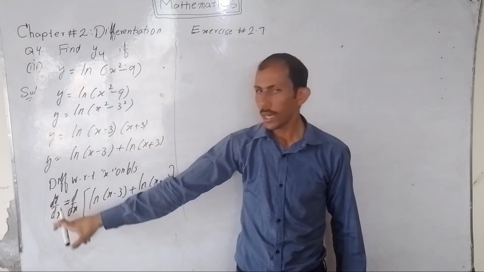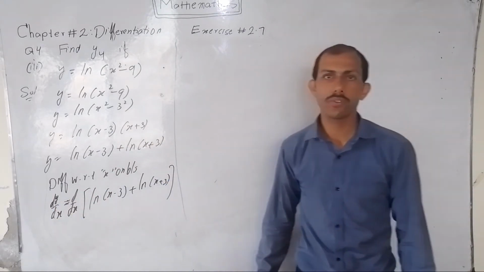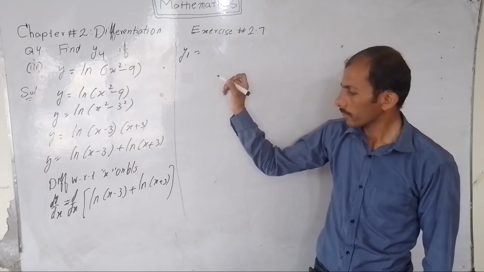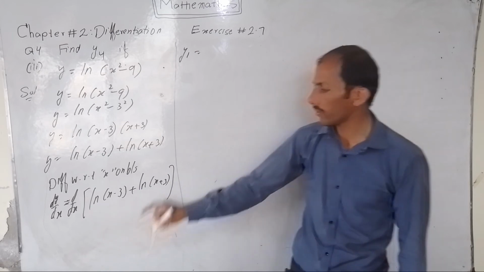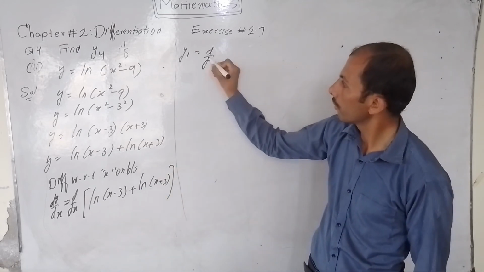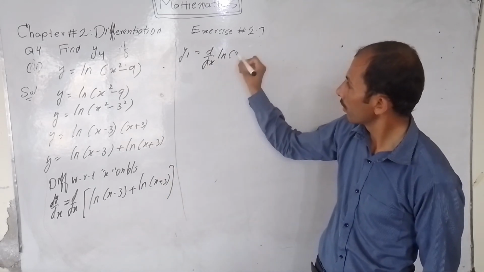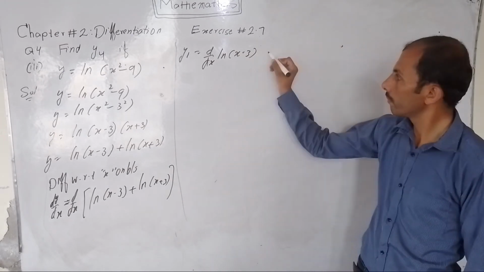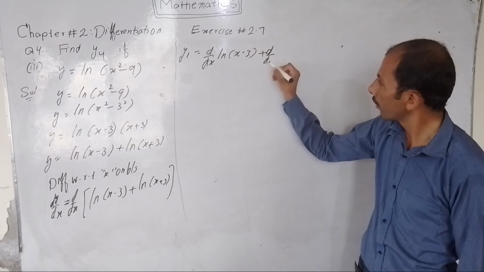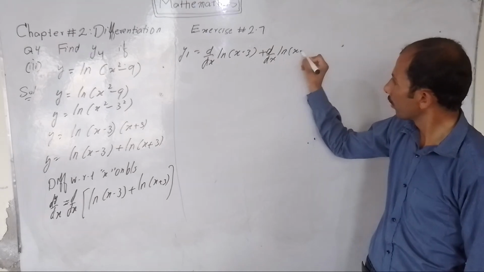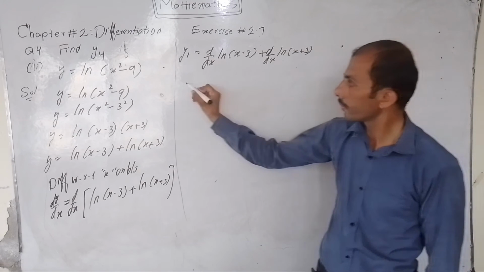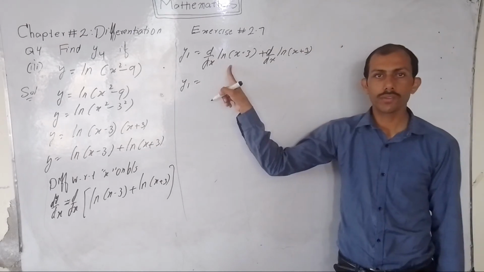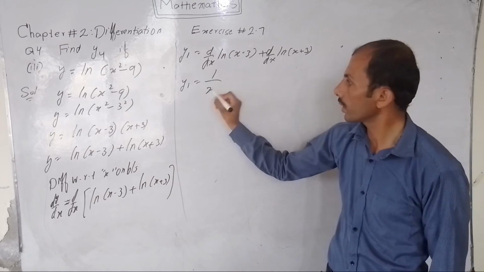The derivative dy over dx can also be written as y1, which is equal to the derivative of natural log of x minus 3 plus the derivative of natural log of x plus 3. y1 is equal to the derivative of natural log of x minus 3, which is 1 divided by x minus 3.